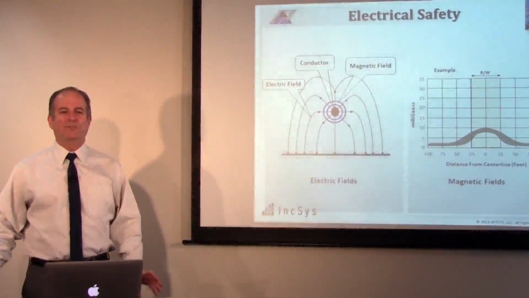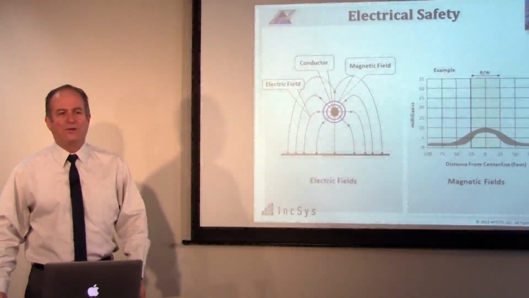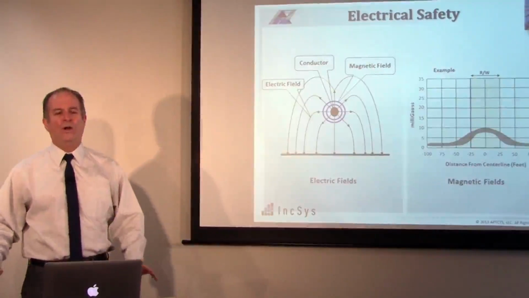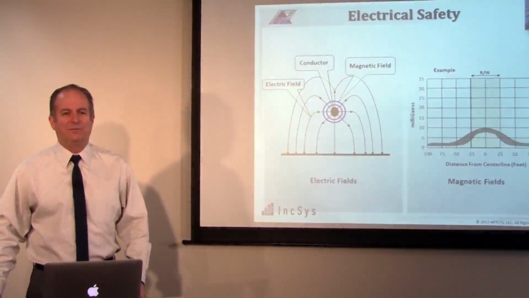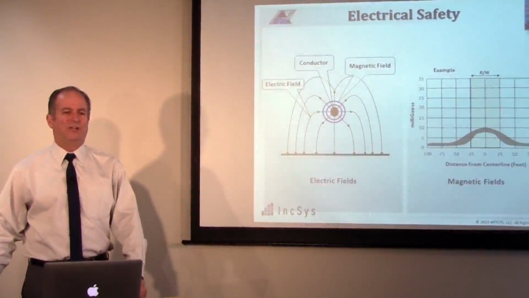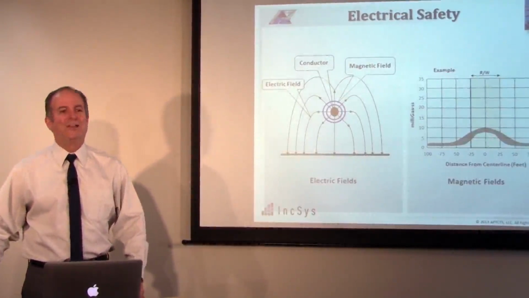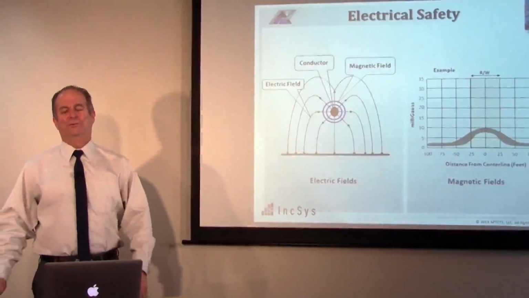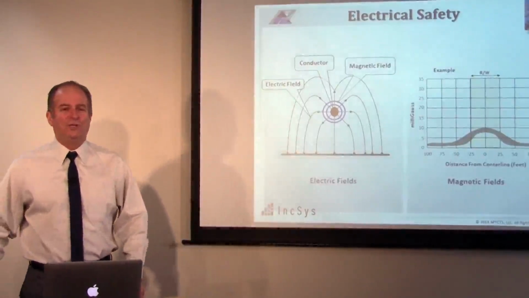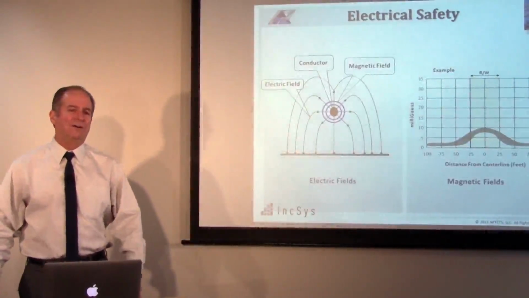Well, the electric fields around the house, at the edge of right-of-ways, and the center of right-of-ways are all well below the Department of Energy's standards on exposure. And so there really wasn't anything found to be a hazard with electric fields on power lines.